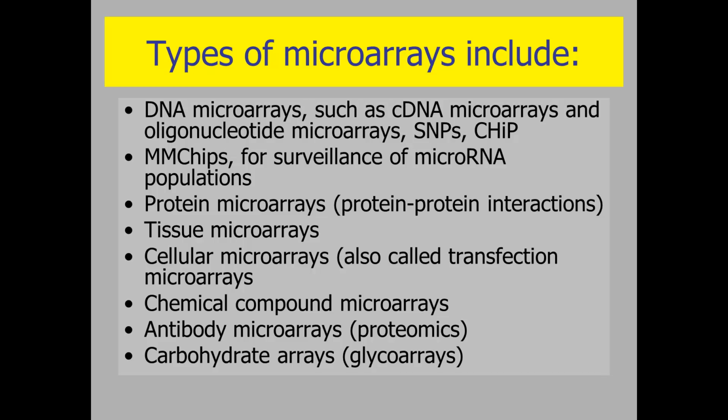Differences that were single nucleotide polymorphisms, or in some cases they can look at chromatin binding and identify different regions that are protected by chromatin, and then identify those on the microarrays. So they can look at different chips that are able to identify microRNAs. So these are small RNAs that are expressed differently in tumor cell lines versus the normal cell lines.